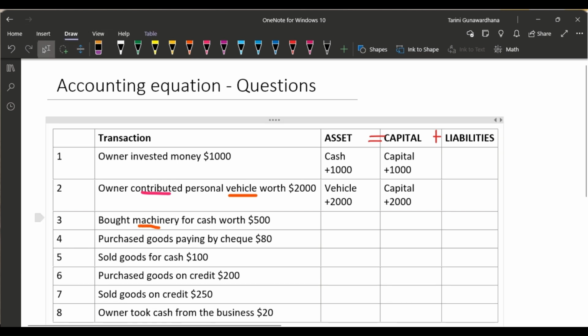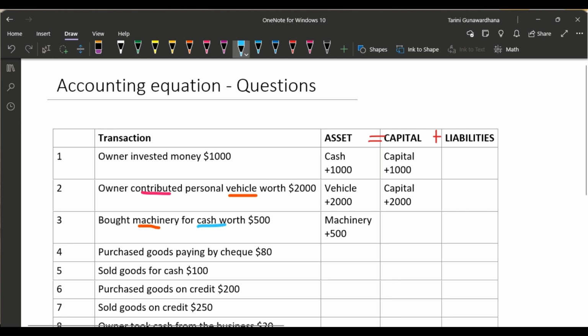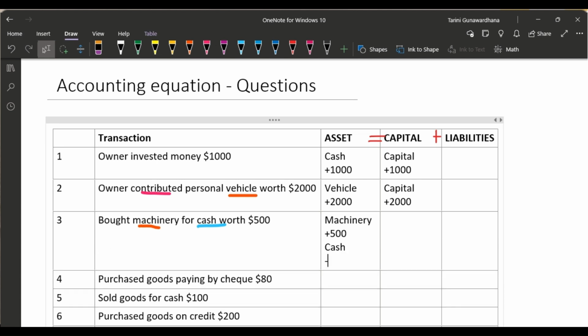Machinery plus 500. And that purchase led to a decline in the amount of cash held in the business, because to get the machine, the business had to pay money. So the cash amount declined, and cash is an asset. So in this case, cash minus 500.